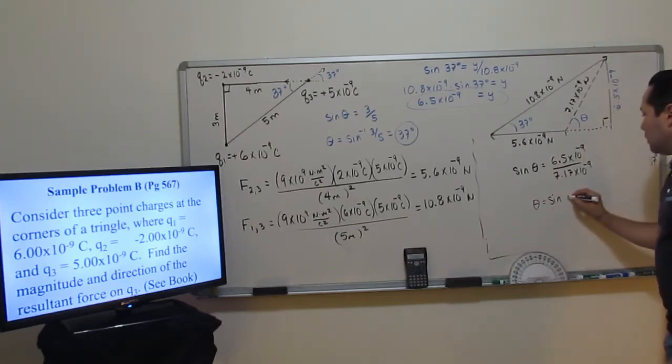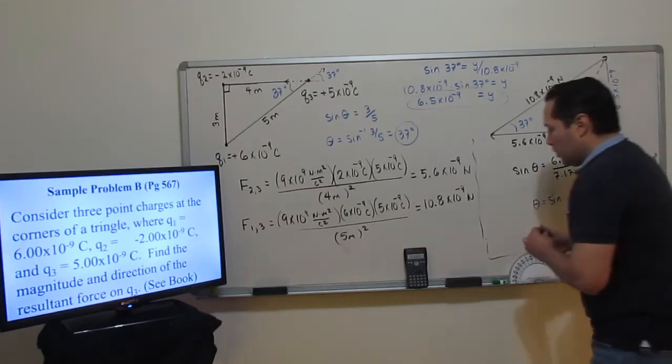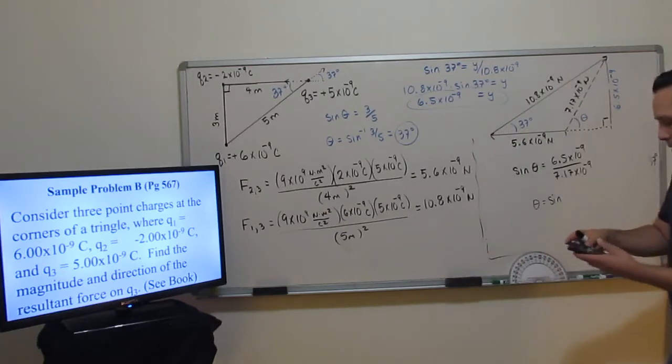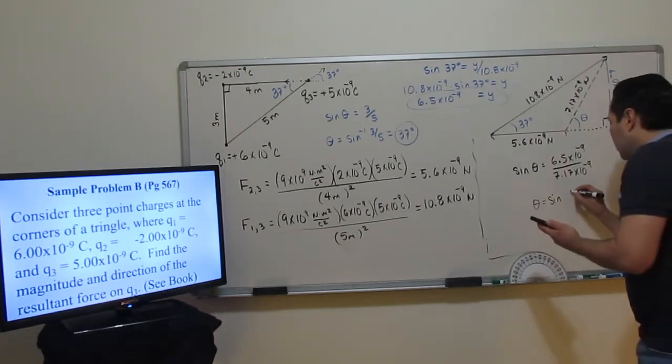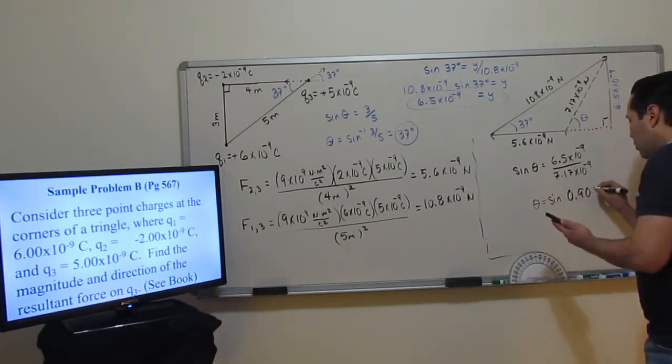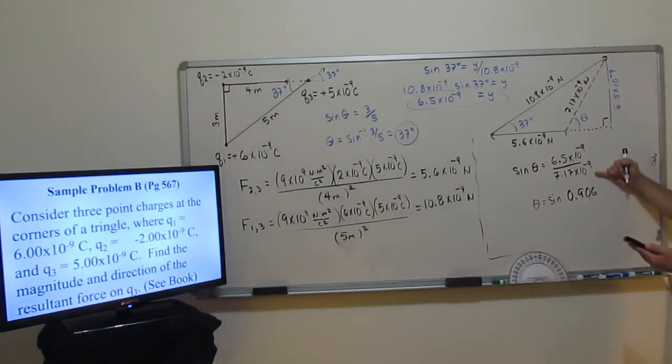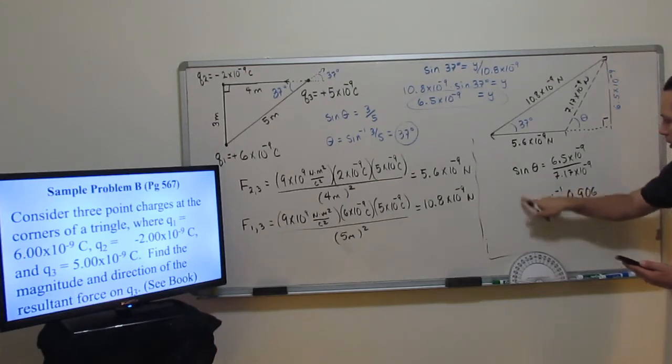And this divided by that, what does that give us? Let's see. 6.5 times 10 to the negative 9 divided by 7.17 times 10 to the negative 9 equals 0.906. That's this number divided by that. That gives us that answer. And then I do the inverse sine, because I moved it over here.